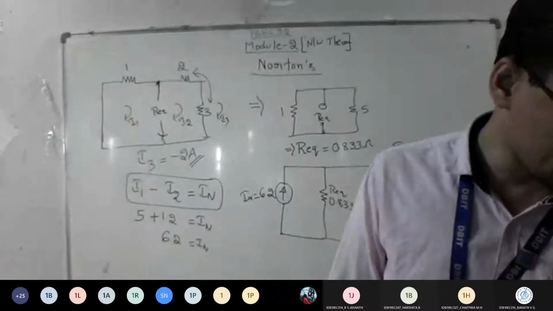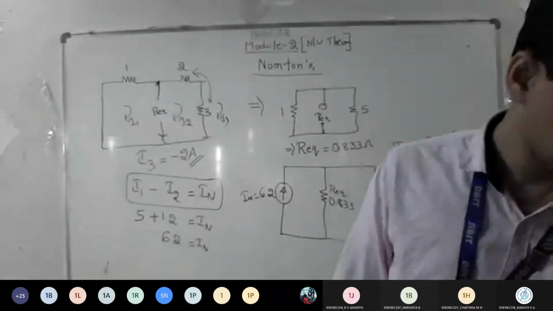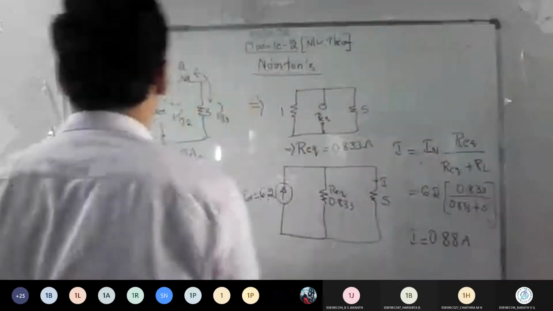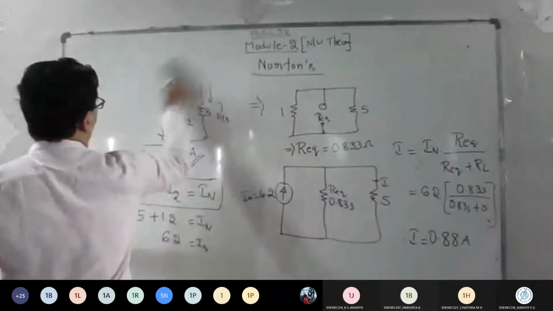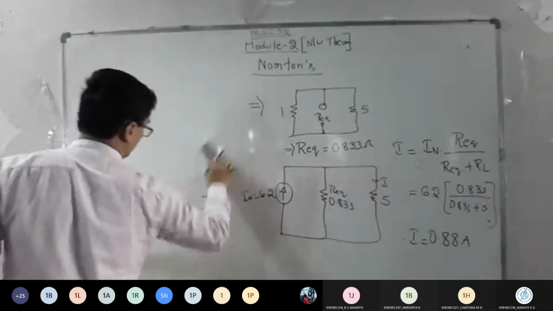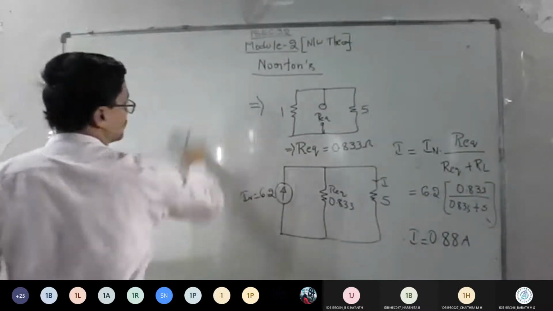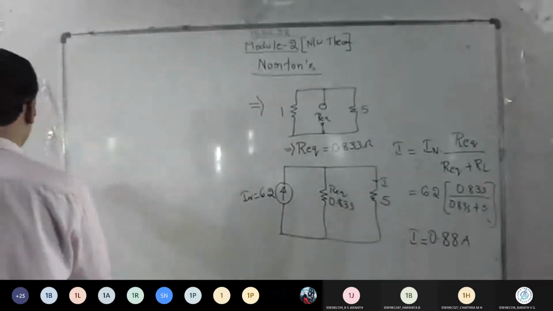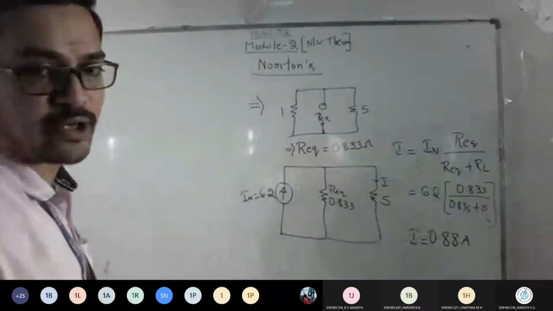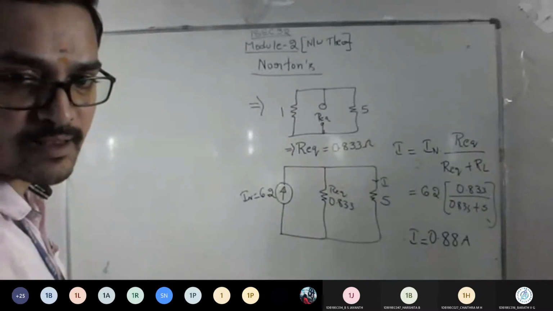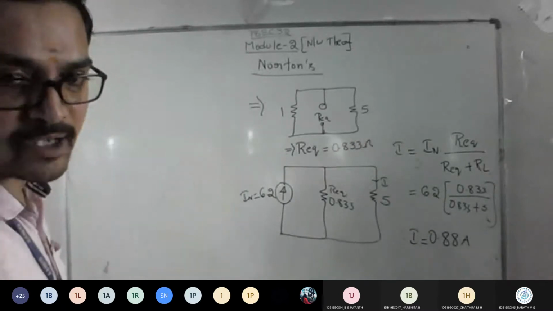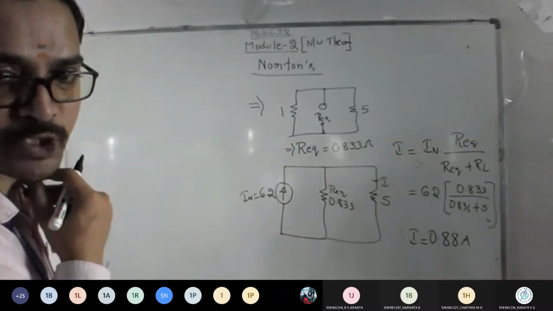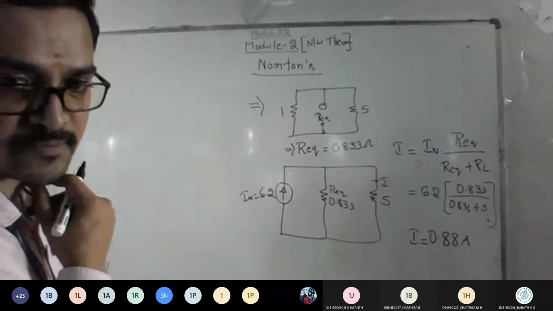So I will give the question. Next, I want you to solve. Obtain the current through the 1 ohm resistor connected across the terminals A and B for the network shown below, using Norton's theorem.